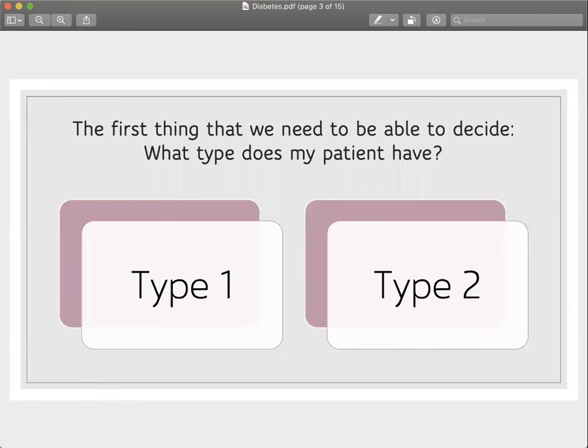So now let's talk about type 2. Type 2 is easier for us new nurse practitioners to remember because we see it so frequently in practice. I mean, some days it feels like every other patient that comes in has type 2 diabetes. So in type 2, have we lost all of our beta cells like we had in type 1? Typically, no, we haven't.